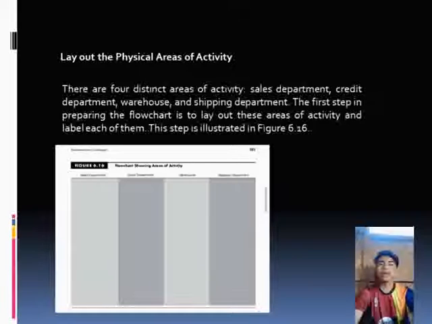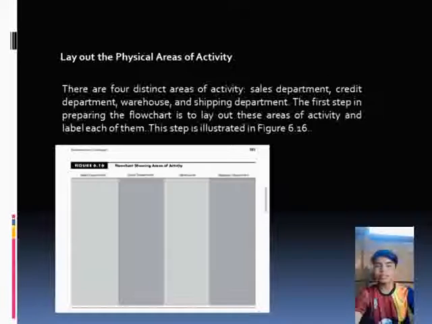Lay out the physical areas of activities. Remember that a flowchart reflects the physical system, which is represented as vertical columns of events and actions separated by lines of demarcation. Generally, each of these areas of activity is a separate column with a heading.